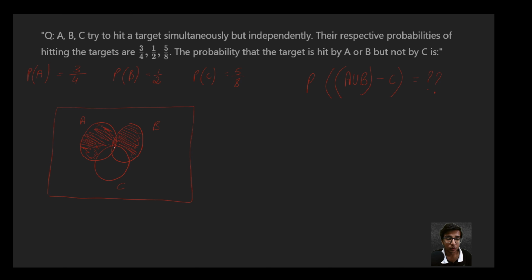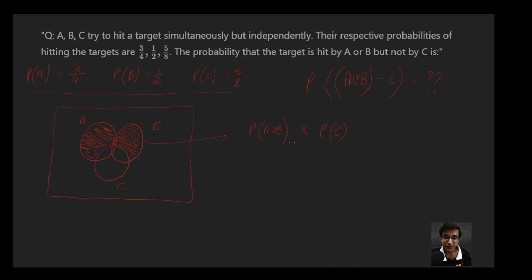So how can we do that? How can we write this portion in some other way so that we can bring it into a format where we have the variables P(A), P(B) and P(C), and then from there we can calculate the value? So what we can write is, this shaded portion can be written as P of A union B into P of C complement. I hope you are getting what I'm trying to write here.